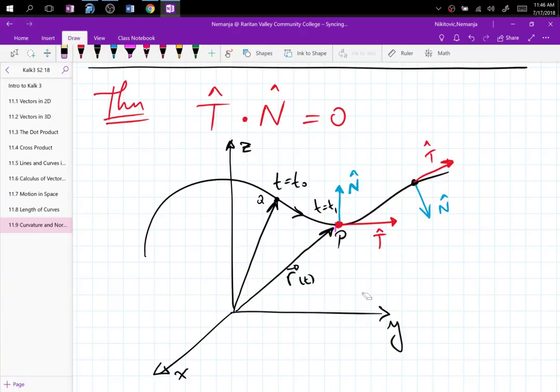Now the dot product between two orthogonal vectors is always 0. That's in 11.3, because in the equation, the dot product of u and v is the magnitude of u times the magnitude of v times cosine of theta. Yes, and the cosine of 90 is 0. Yep, and that kills it.